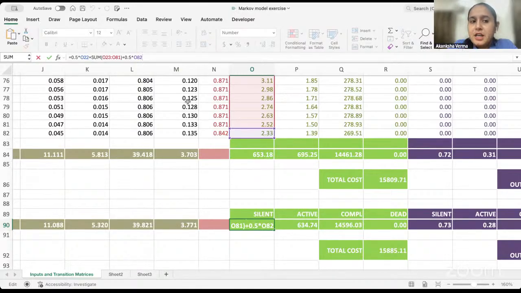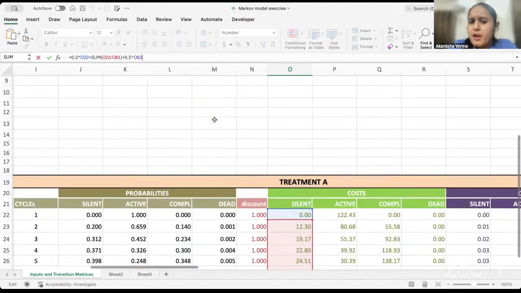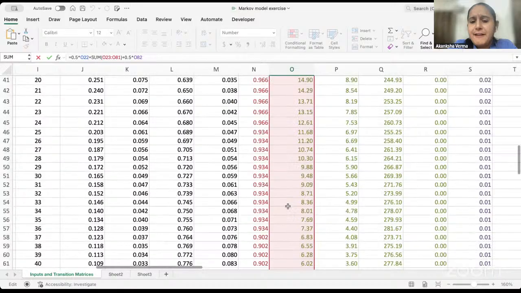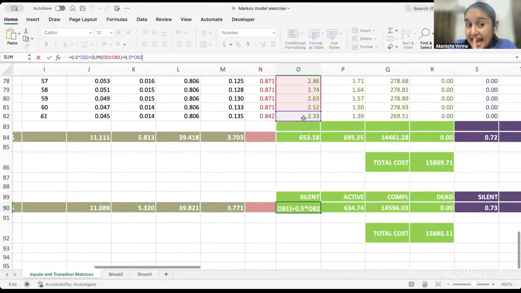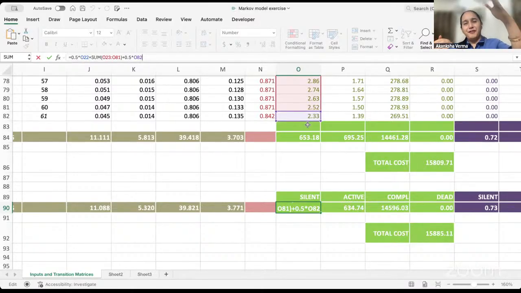I have left the first year, and I have left the last year, and then I have multiplied both of them with 0.5. So I am removing the first half of the first year and the second half of the last year. And this is the way I'm trying to do the half cycle correction.